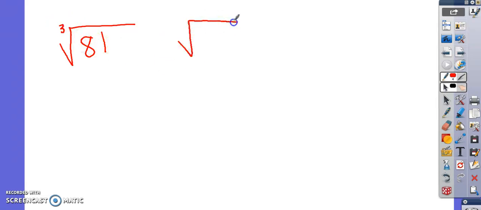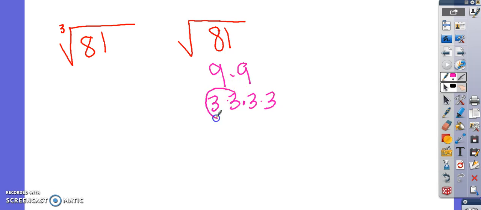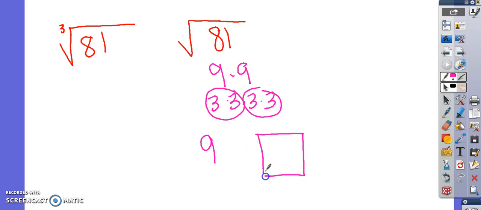Or if you had the square root of 81. Now these are two very different things because here you're looking for pairs, which is going to be 9 times 9. Or you could break it down further to 3 times 3 times 3 times 3, but still the square root of 81 is going to be 9. Because if you had a square, 9, 9, that's where you get your number from.